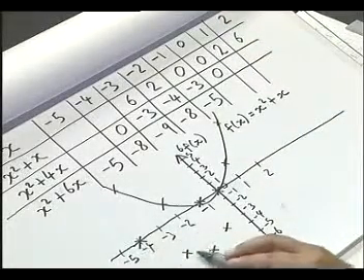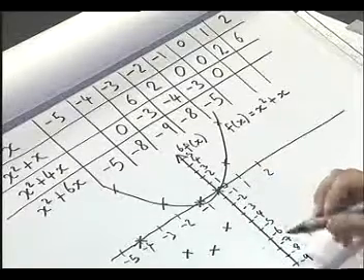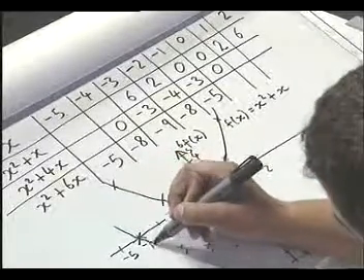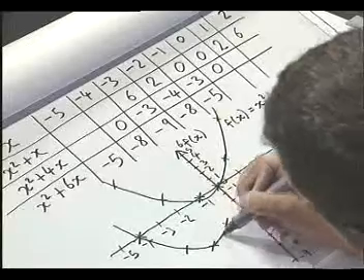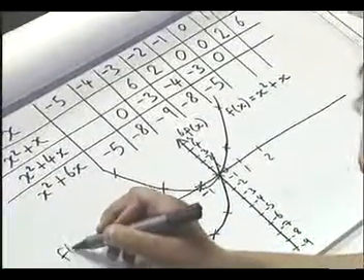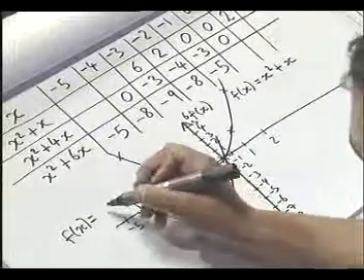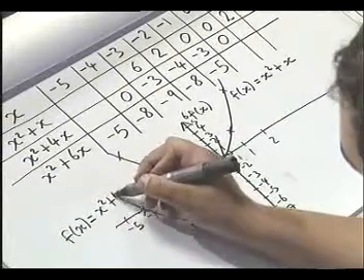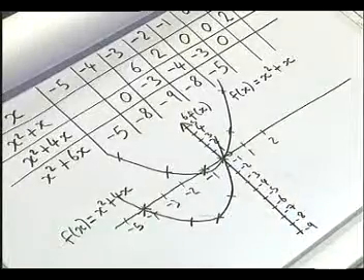And once again, you can see this is a smooth curve, a parabola, as we expected. And this is f of x equals x squared plus 4x.